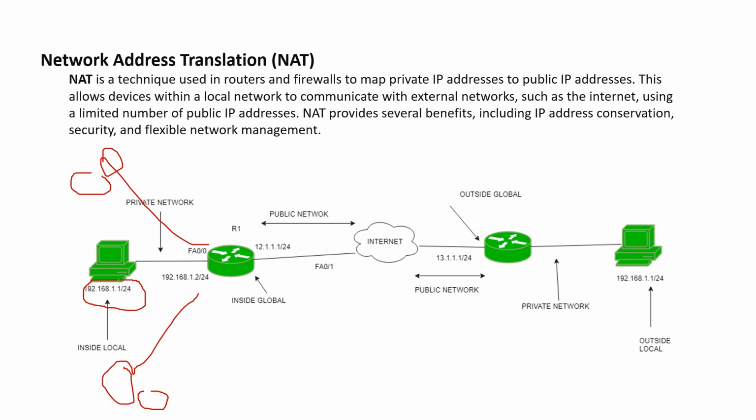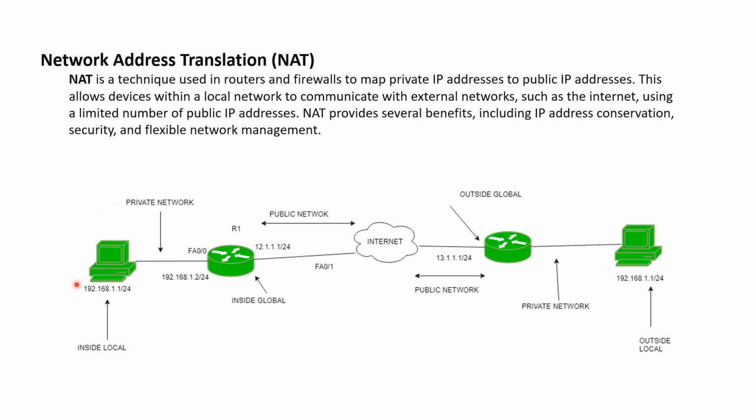These hosts are allocated private IP addresses, whereas this router having NAT is provided a public IP address. A public IP address is unique globally. Okay, there is no other IP address like it.